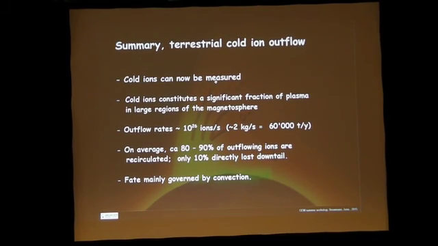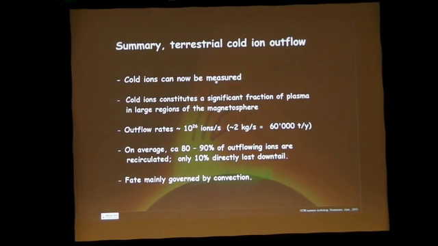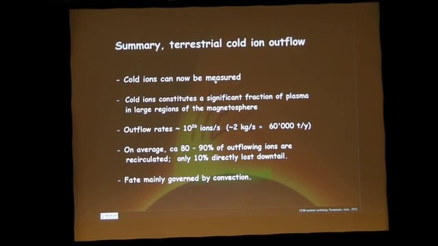Of course, there are loss mechanisms in the magnetosphere with plumes, with plasmoids and so on. The fate, that is where they end up, is mainly governed by the convection. With that, I say many thanks.